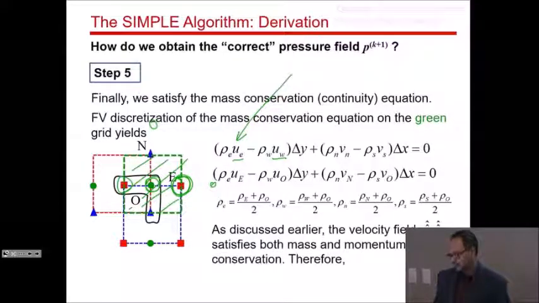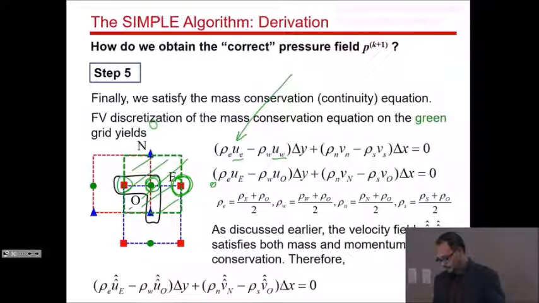All right. So we already said that the velocity field u hat and v hat satisfy both mass and momentum conservation. Therefore, we are now going to force it. Basically, we are forcing this velocity field to satisfy mass conservation. It already satisfies momentum conservation, but now we are forcing it to satisfy mass conservation also, because we are plugging it into the mass conservation equation.